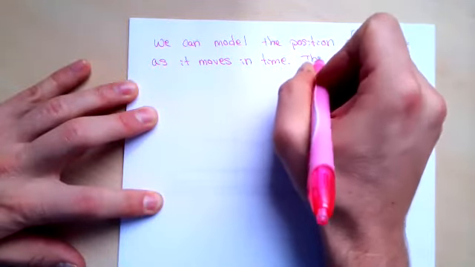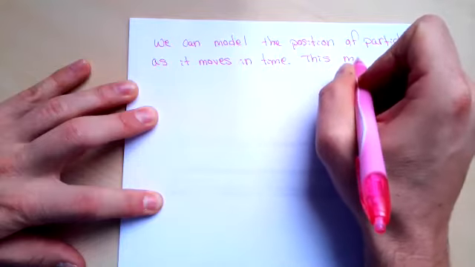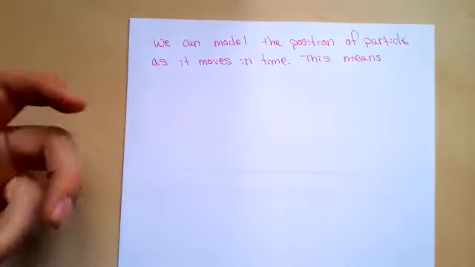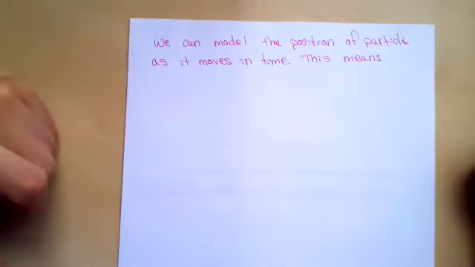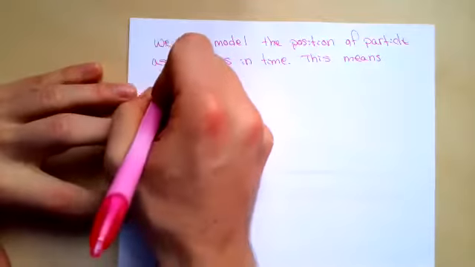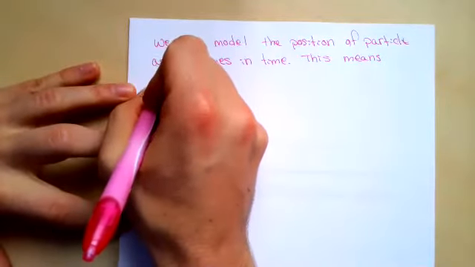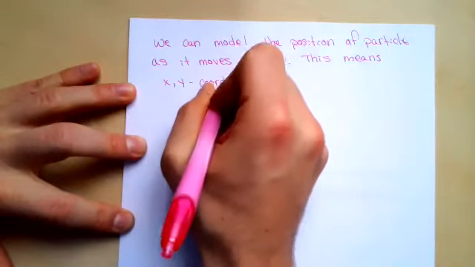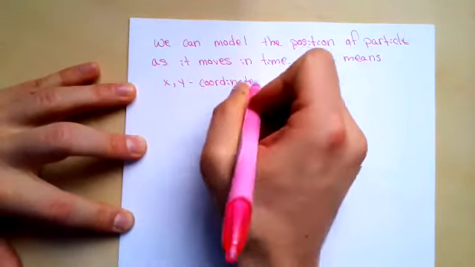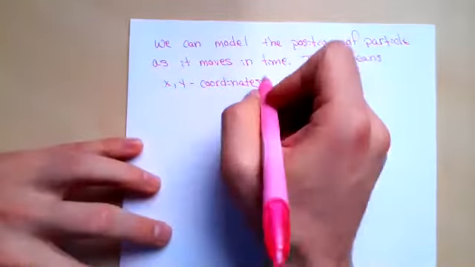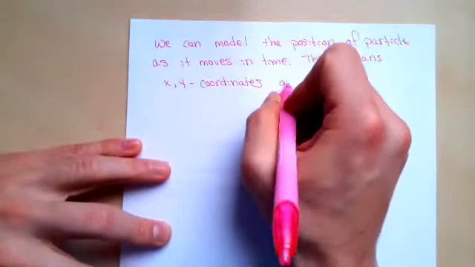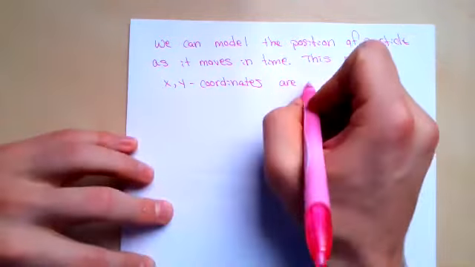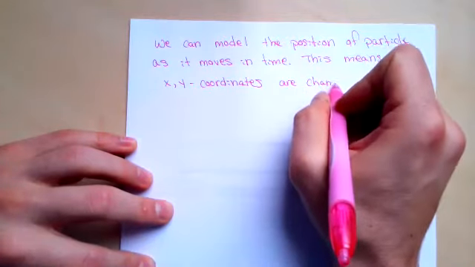So this means, well, what's the position of the particle going to be given as? We write position, if it's on a two-dimensional plane, it's going to have x and y coordinates. But the xy coordinates are changing in time. So we sort of introduce this extra independent variable, which is time.